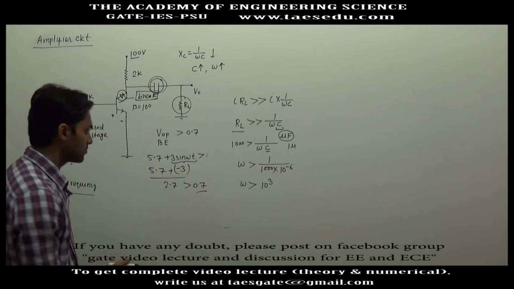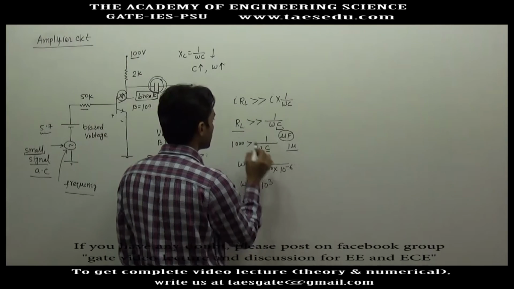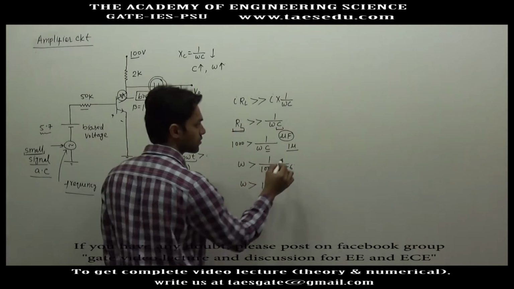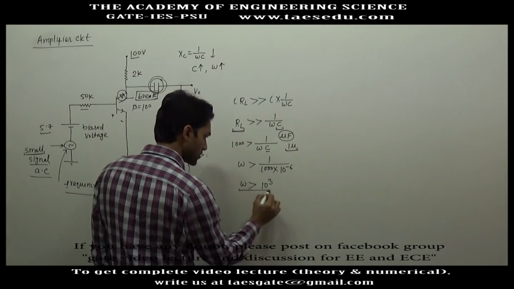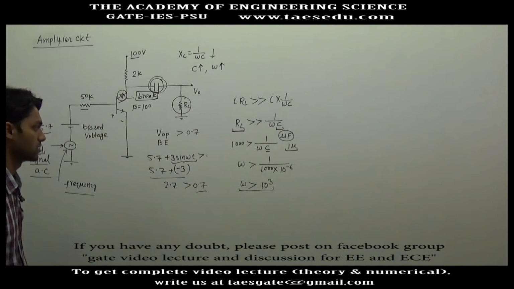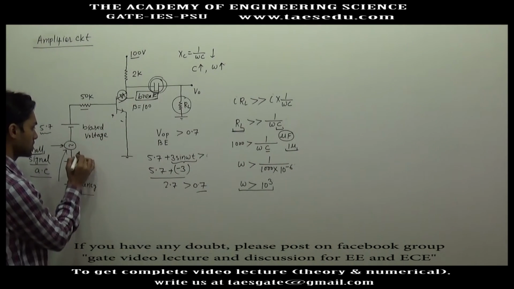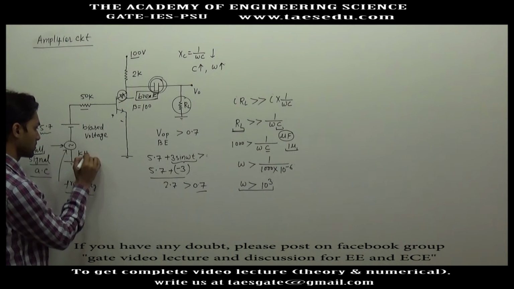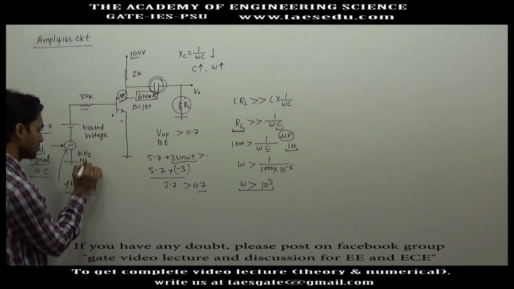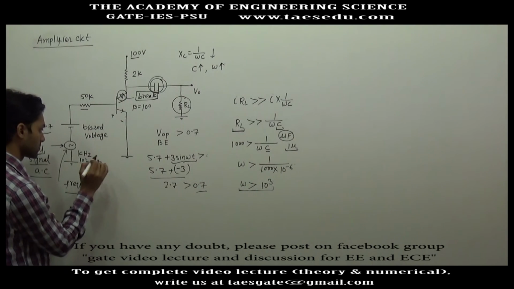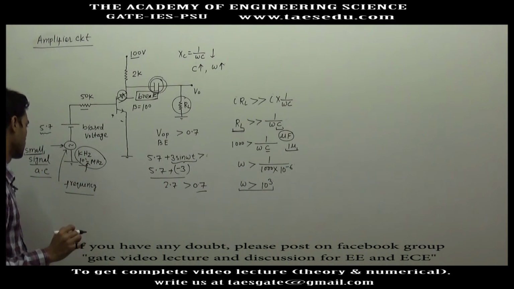So if you take the kilo ohm range of resistance and microfarad range of capacitor, you have some idea about the range of frequency. The normal value of frequency you will get is in kilohertz, from hundreds or tens of kilohertz to a few megahertz. So this is a range of high frequency.